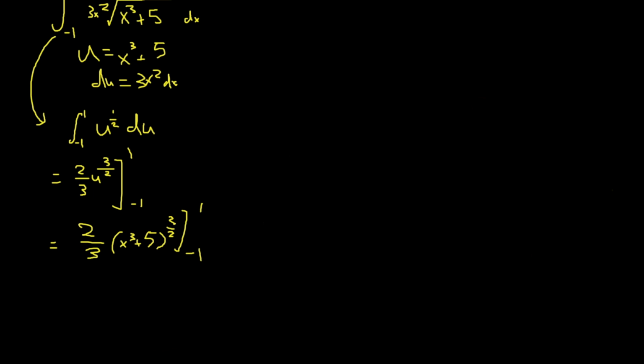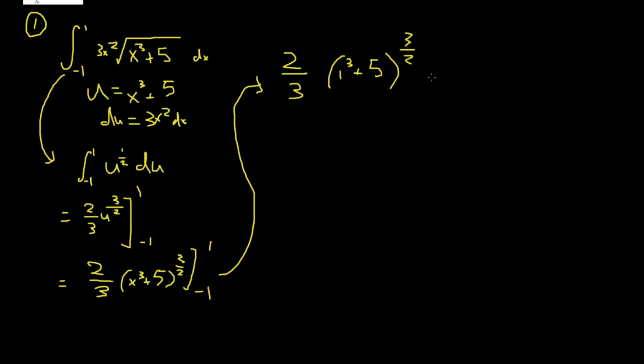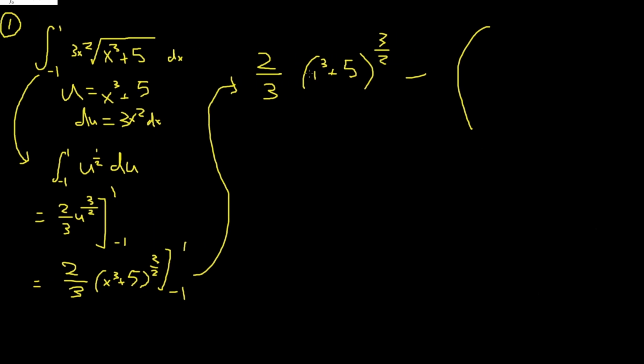Alright, so this is what we have so far. And then we just evaluate the integral. So this is 2/3 times 1 cubed plus 5 to the 3/2, minus 2/3 times -1 cubed plus 5 to the 3/2.